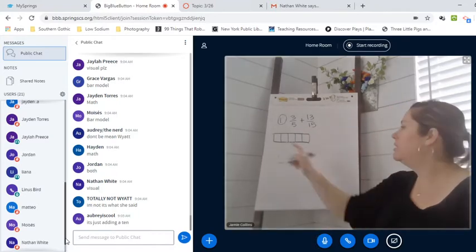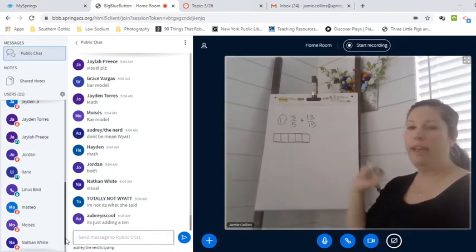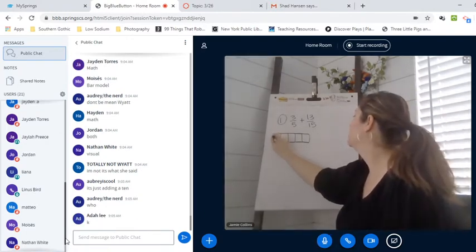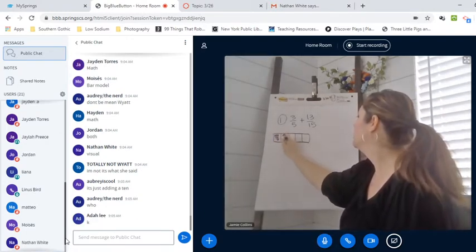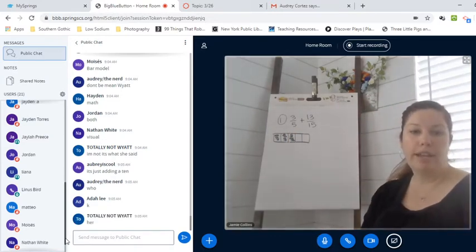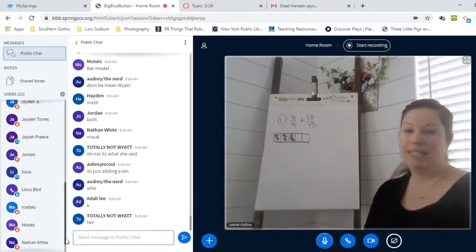So there's my fifths, 1, 2, 3, 4, 5, and I'm going to color in 3 of them. Okay, and then now I'm going to create a bar model, and I'm going to split it into 15ths.